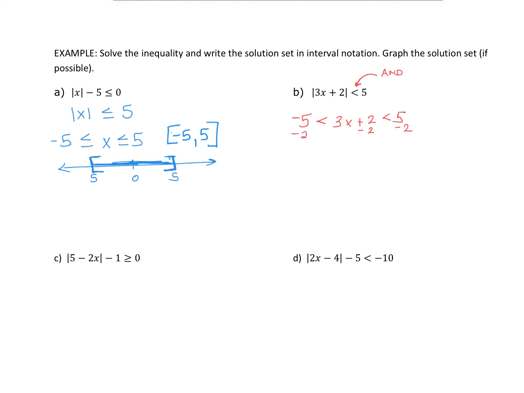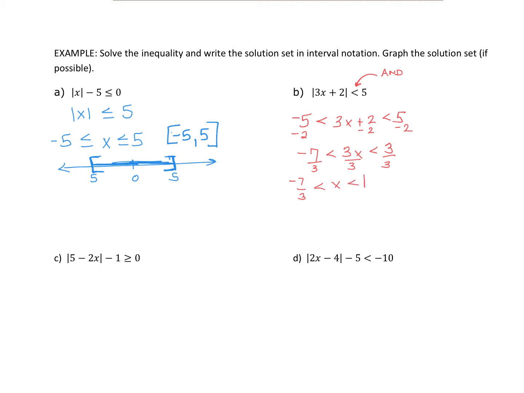Whatever I do to one piece of the inequality, I have to do to all. So I'm subtracting 2 from everything. -7 is less than 3x is less than 3. And then we will divide everything by 3 and get -7/3 less than x is less than 1.